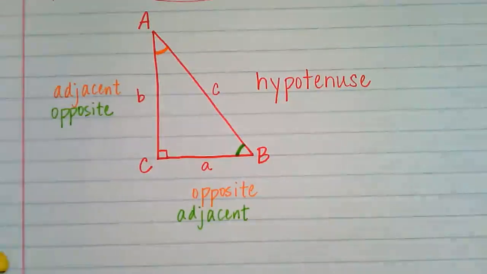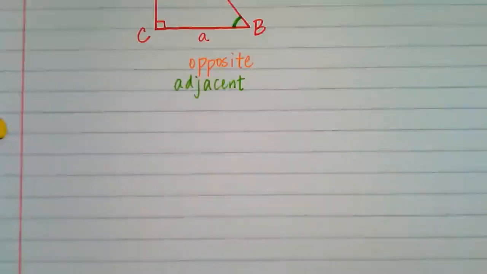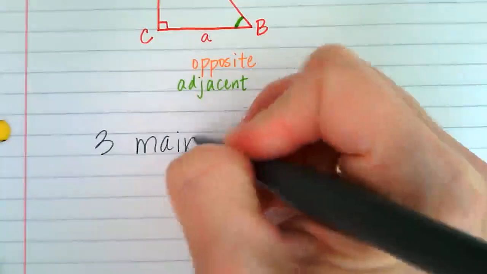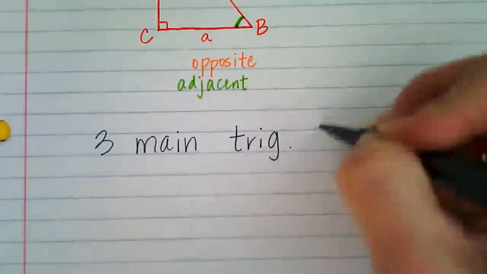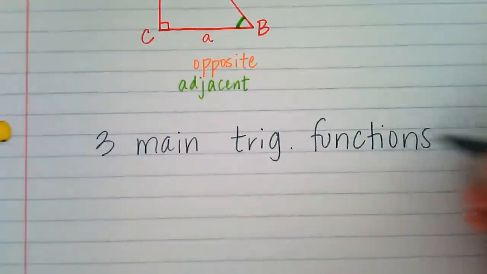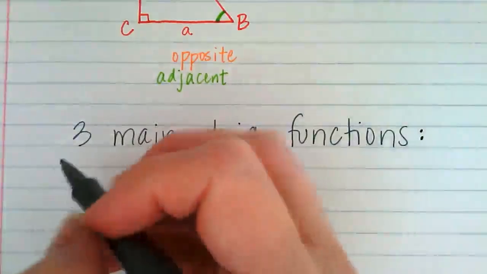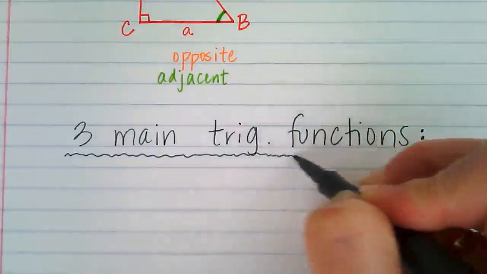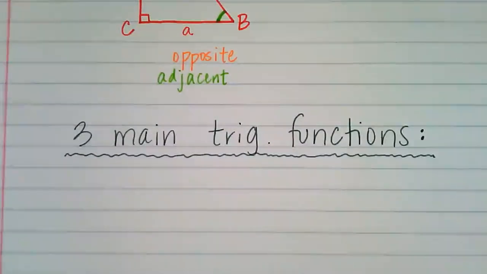All right, next up, there are three main trig functions. Trig is short for trigonometry, but we're just going to abbreviate it. First, I want to make sure that you understand what trigonometry is and what it's doing for us. So here's the deal.